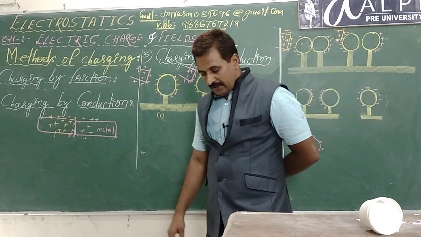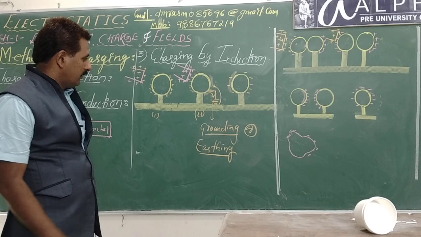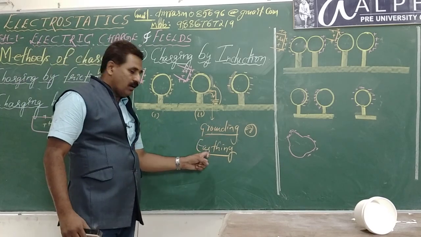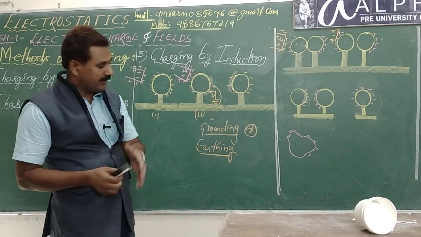Right? Here in charging by induction, you can understand one more point. What is that? Grounding or earthing. What is grounding or earthing? Remember, it's there in my notes and also the NCERT book.